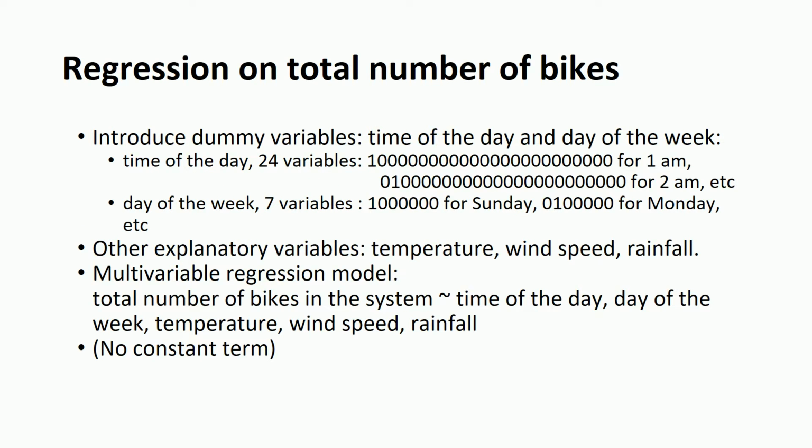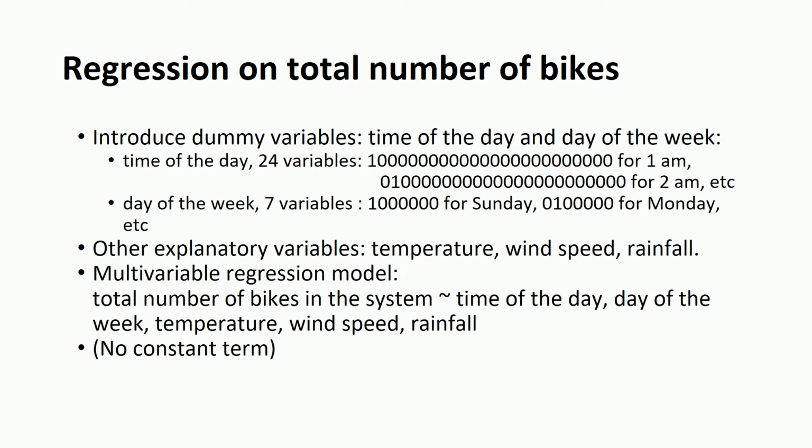Here, we do regression on the total number of bikes. Firstly, since the data in the original dataset is per trip, we transfer the data into per hour. We introduce two dummy variables, time of the day and day of the week. What's more, we also introduce some explanatory variables like temperature, wind speed, and rainfall, as we discussed before.